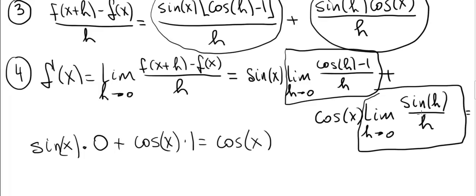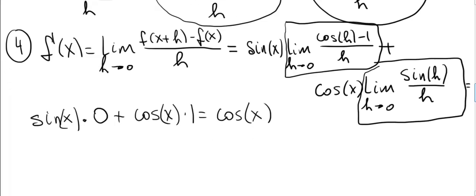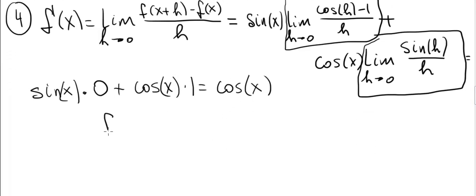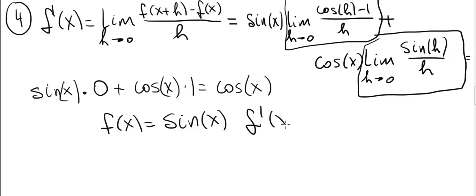So we just found the very important derivative of the sine function. To summarize, f of x equals sine of x. Its derivative, by using the definition, is cosine of x. You'll be using this many, many times in not just Calculus 1, but in Calculus 2, Calculus 3, and then further courses beyond.